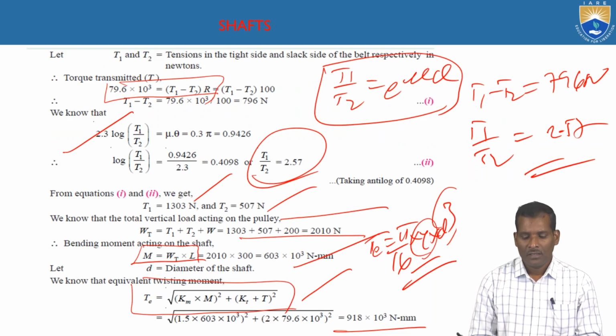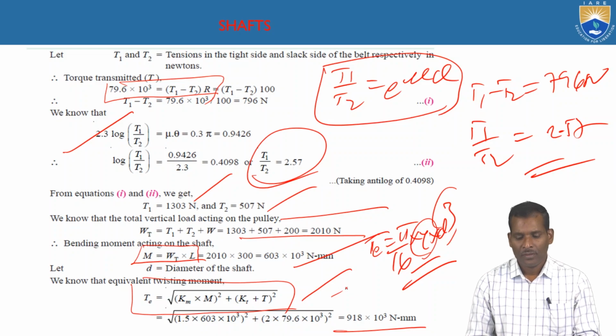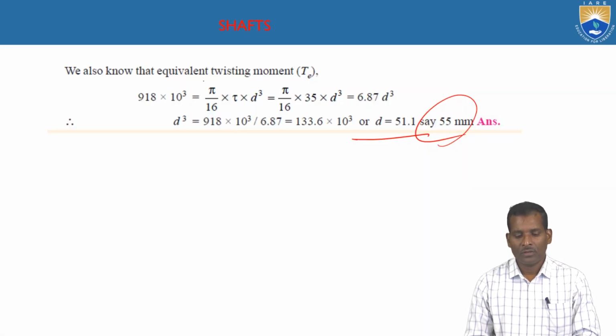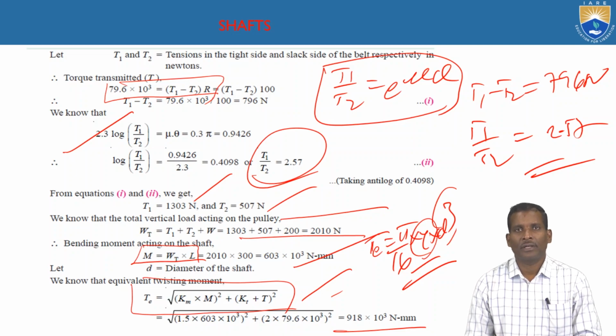So here bending moment calculated and the equivalent twisting moment. So similarly need to calculate equivalent bending moment. So two values you will get and then take the larger of the calculated values, you can fix as a final diameter of the shaft.